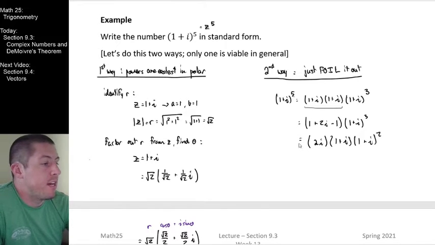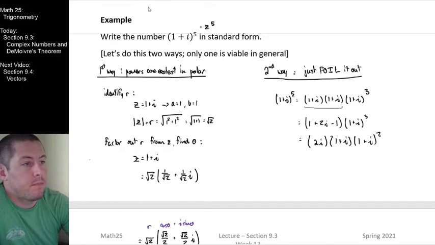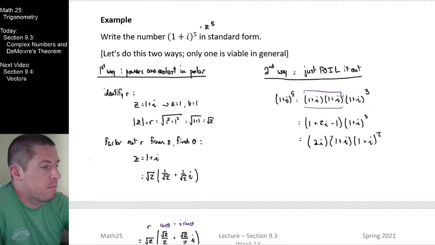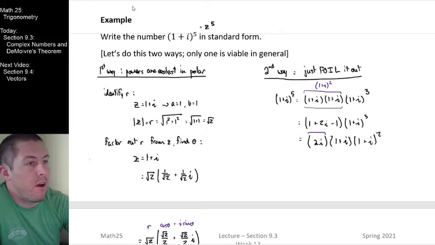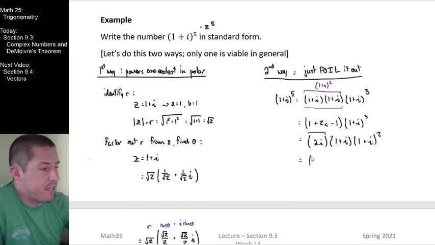But here's what I'm really seeing. I've already done a 1 plus I squared, and what I got from it was 2I. So what I'm thinking to myself now is this. It seems like this should be 2I from 1 plus I squared. It seems like this should be 2I again from 1 plus I squared.